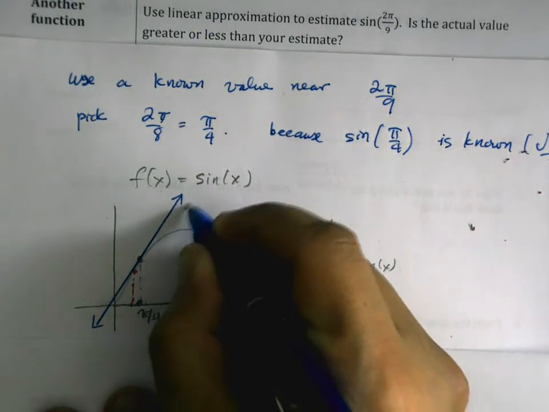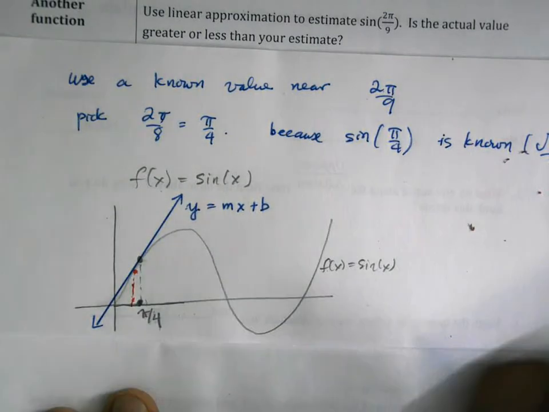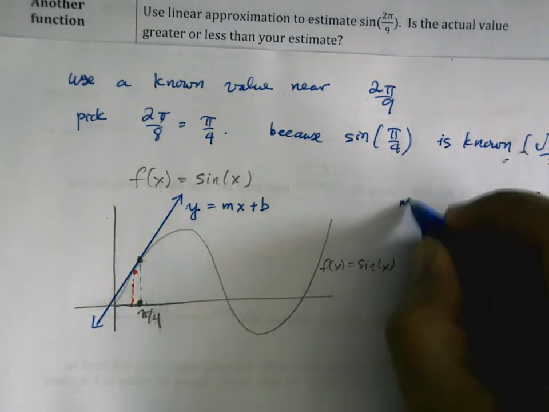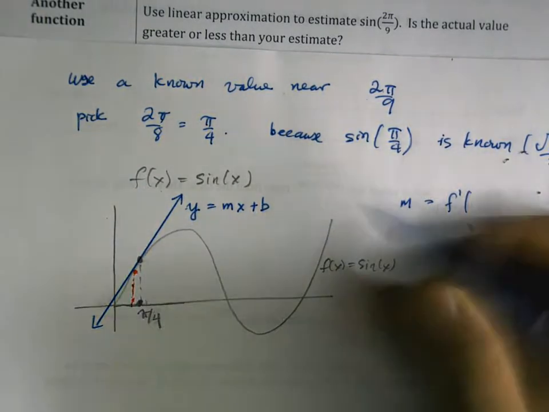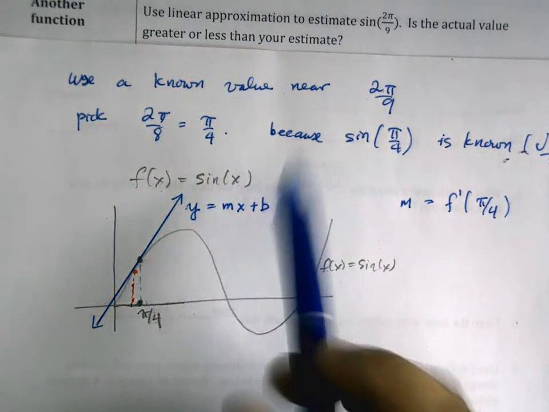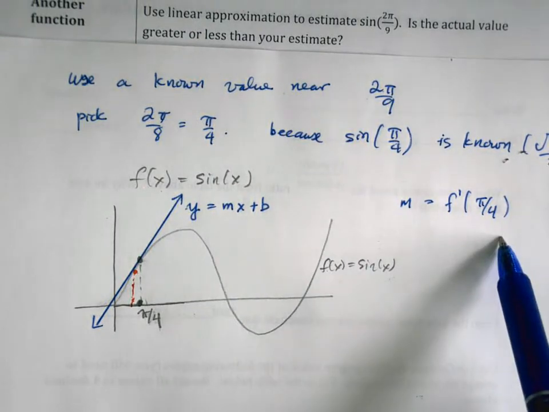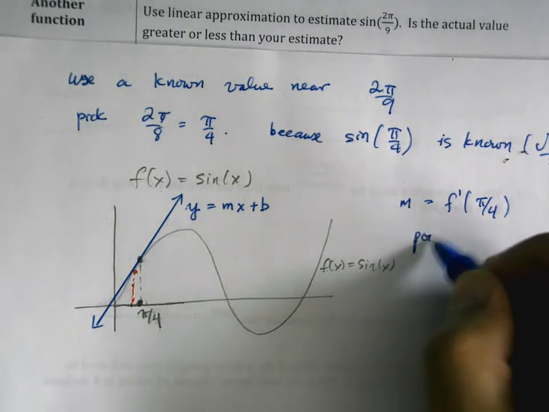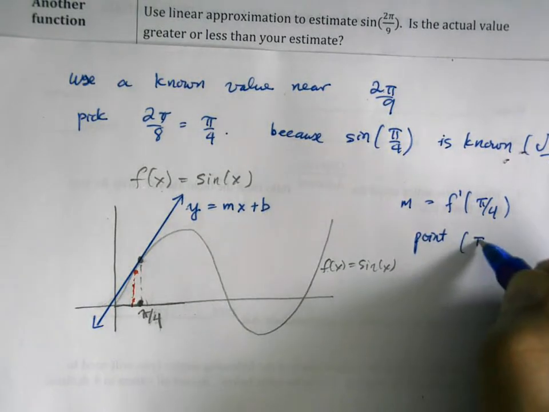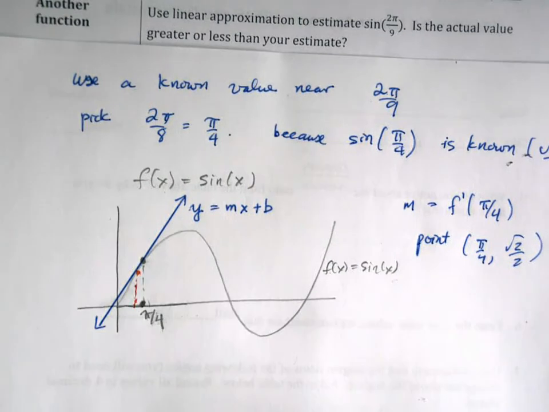So we're going to say this tangent line is y equals mx plus b, and remember that m is equal to f prime at pi over 4. So now just find the derivative of sine of x at pi over 4, and that'll give us the slope. The point that we have is pi over 4, root 2 over 2.